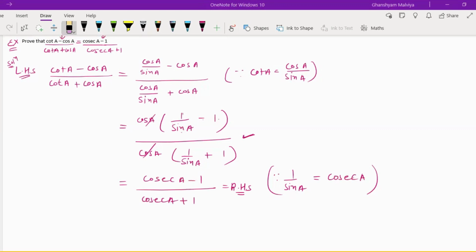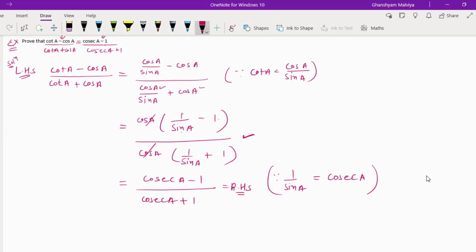Yes, sir. So what I was telling, we have taken cos A common in the numerator part, and again here in the denominator we have taken it common.